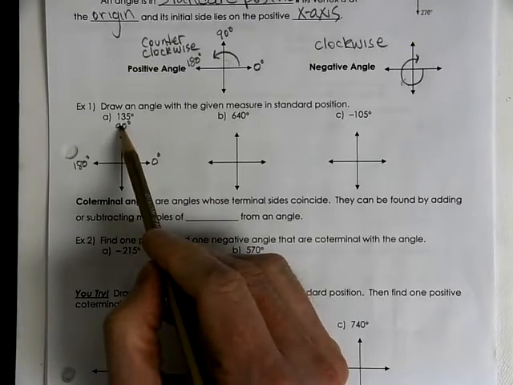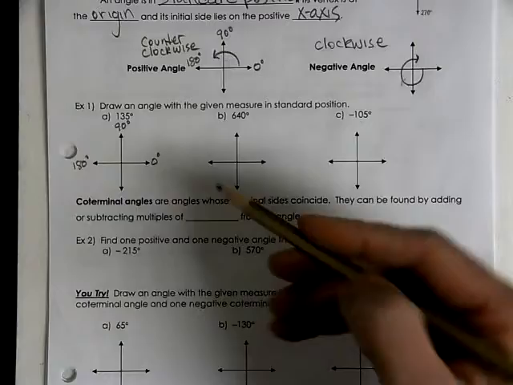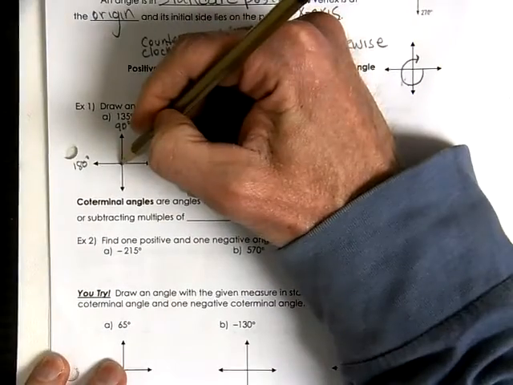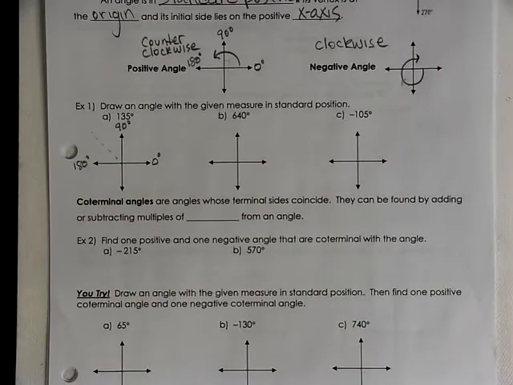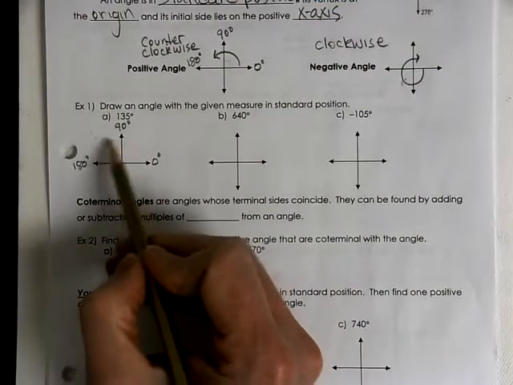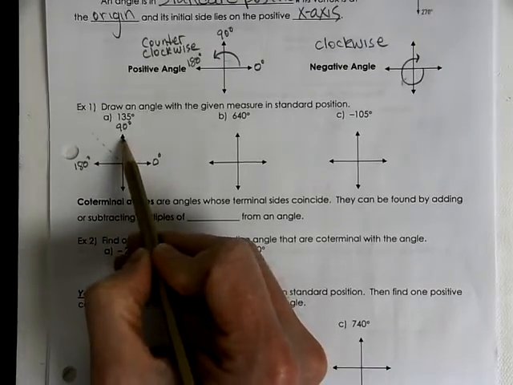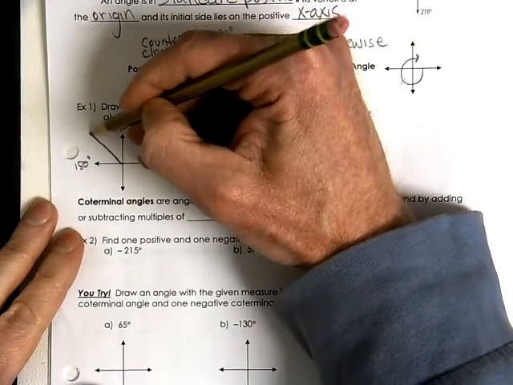If we went from 90 to 180, if we just went halfway, that would be 45 more degrees. That would be here, halfway down the center. 90 plus 45 happens to land exactly on 135.